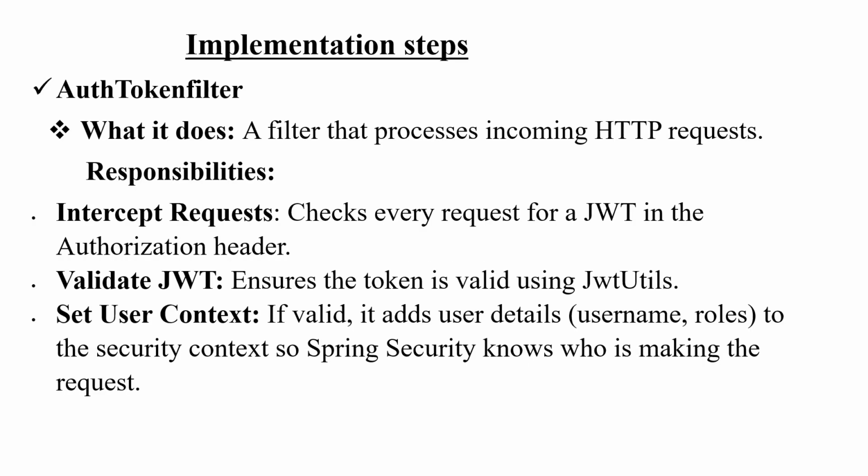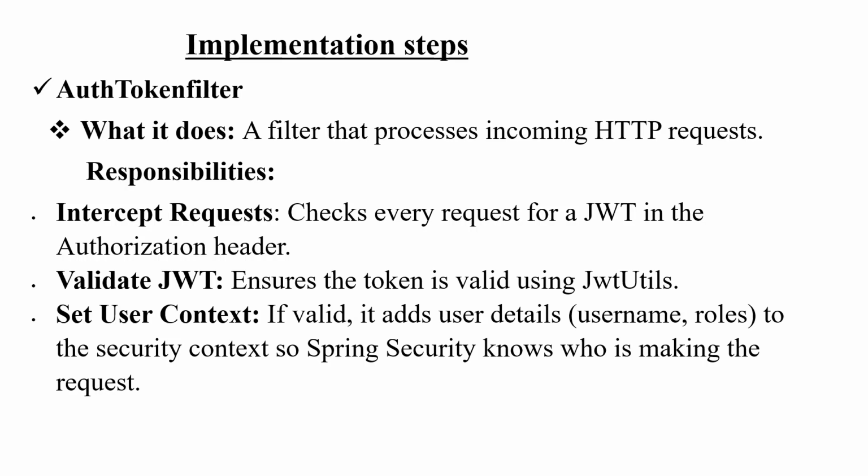The other thing that you implement is the auth token filter. A filter that processes incoming HTTP requests. So what are the responsibilities of the auth token filter? This is a very important filter. It intercepts requests.